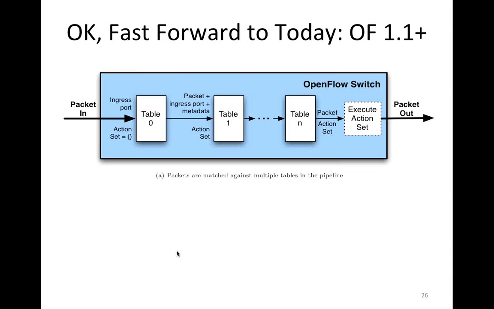In this way, every table sees the original packet. Because if it didn't see the original packet, you'd have no way of knowing what had happened to the packet before it got to you, so you wouldn't be able to formulate a rule to operate on it, because you just don't know what's to the left of you, for n less than your table index. So people went, okay, well, that's interesting.